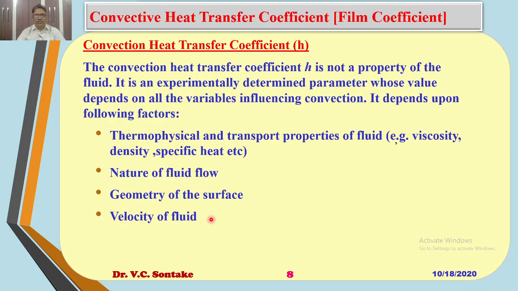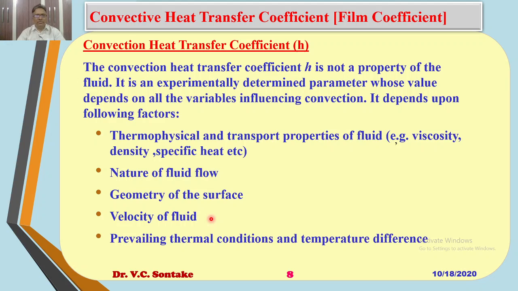Number 4, velocity of the fluid, whether the fluid is moving slowly or fast, also affects the value of heat transfer coefficient h. And prevailing thermal conditions and temperature difference. In the geometry of the surface, the nature of the surface also comes into the picture. Whether the surface is smooth or rough also affects the value of convective heat transfer coefficient h.